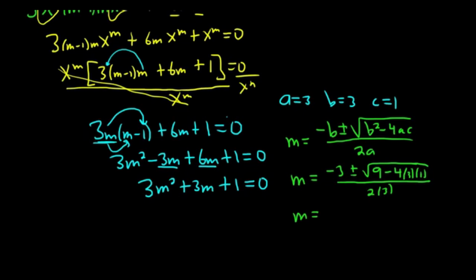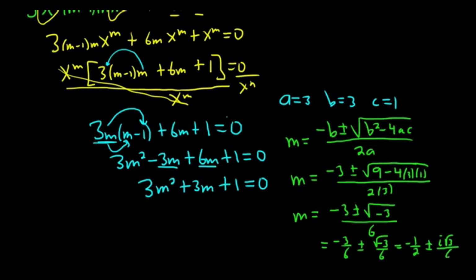So m is equal to negative 3 plus or minus the square root of 9, and then 4 times 3 is 12, so we just get negative 3 all over 6. So if we break this up, we get negative 3 over 6 plus or minus the square root of negative 3 over 6. So that's negative 1 over 2 plus or minus i square root of 3 over 6.